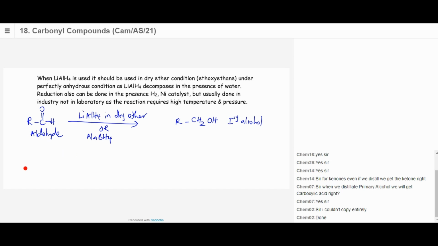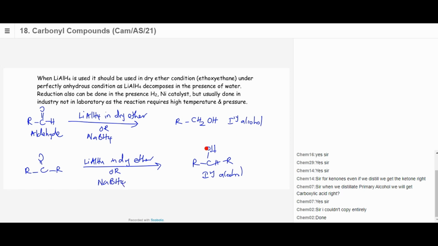And as for the ketones, they can also similarly be reduced to give a secondary alcohol, right? Secondary alcohol, by either lithium aluminium hydride in dry ether condition, or you can use sodium borohydride.